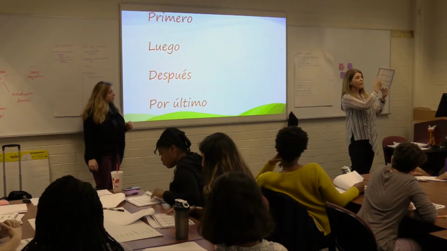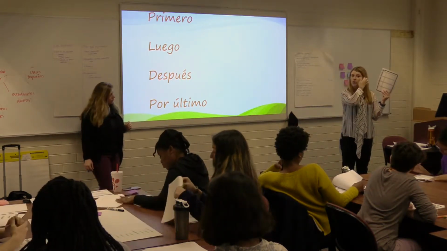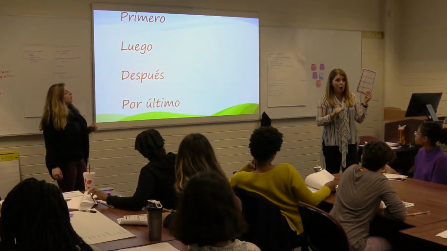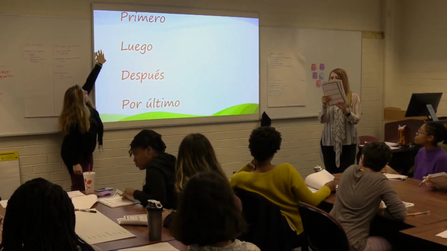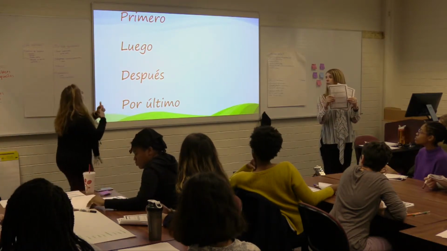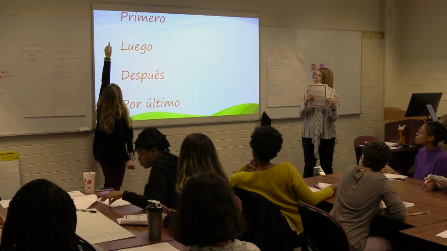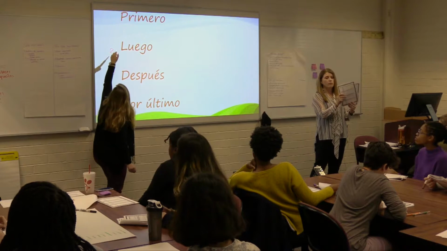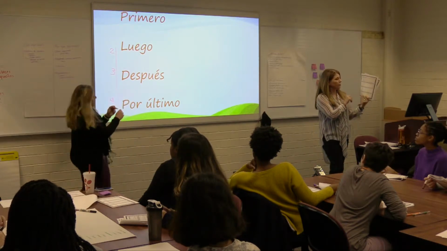So right here on the left, our first, second, third graders can actually put the ordinal numbers first, second, third. Del lado izquierdo, nuestros estudiantes de tercer grado, segundo grado pueden poner primero, segundo, tercero, cuarto, los números de la secuencia.